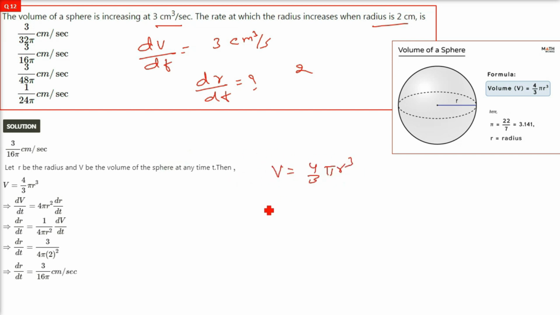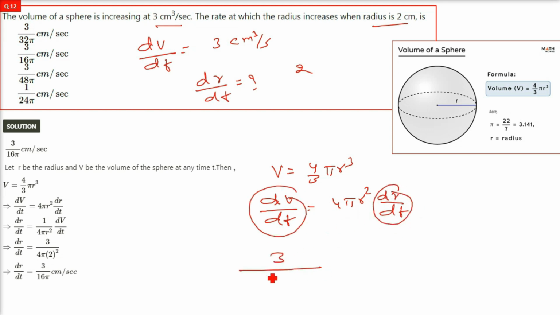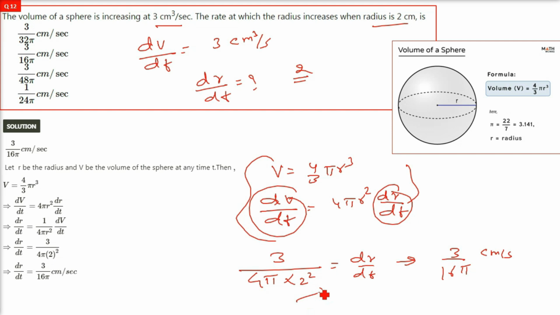V equals 4 by 3 pi r cube, dv by dt is 4 pi r square dr by dt, and then dr by dt, all things are given. dr by dt can be computed. So r is 4, so I am bringing this 4 pi r square down, and dr by dt is this one. So this is 3 by 16 pi centimeter per second. So this is the concept, computation you can do very well. You know how to do this when the values are with you.